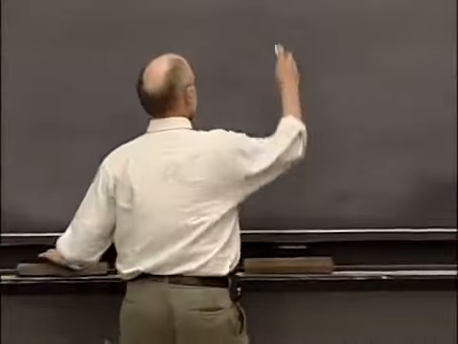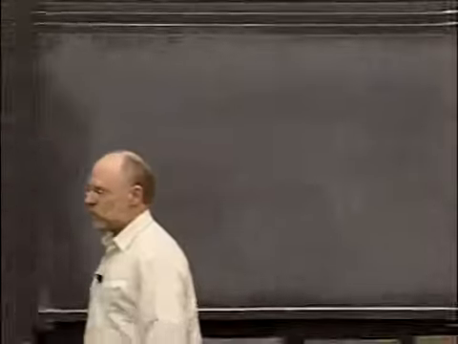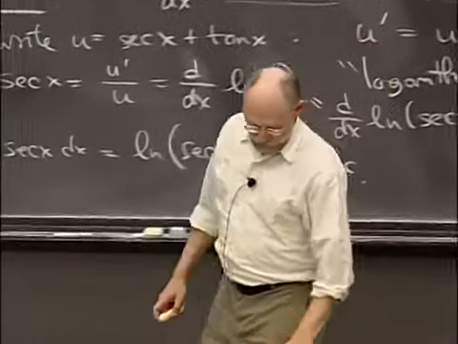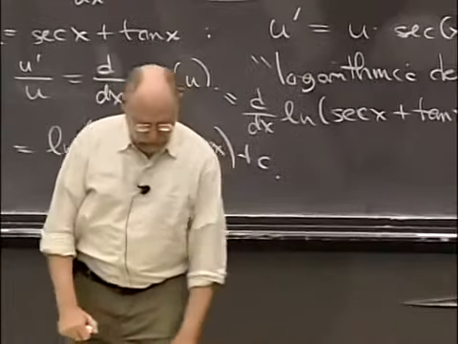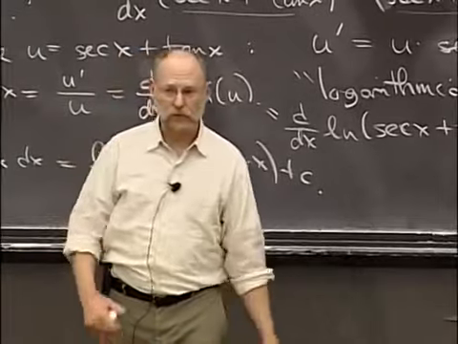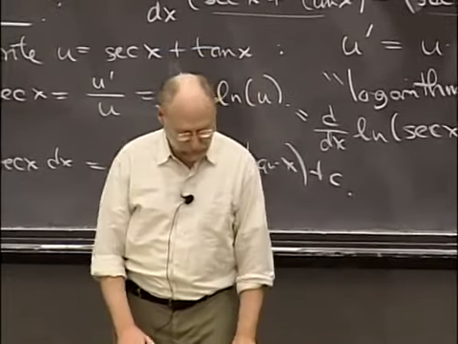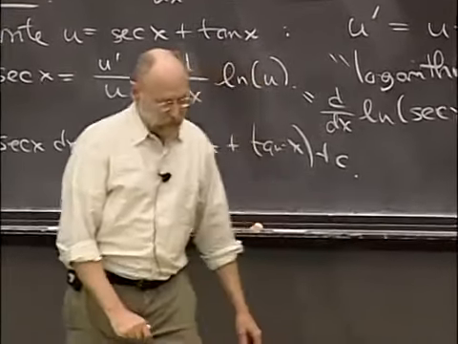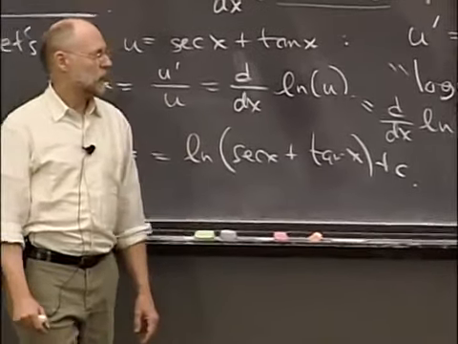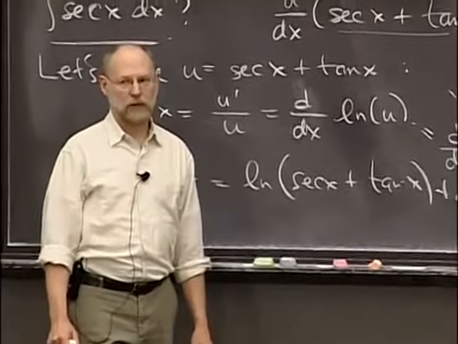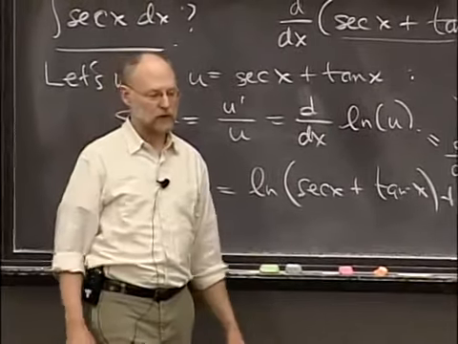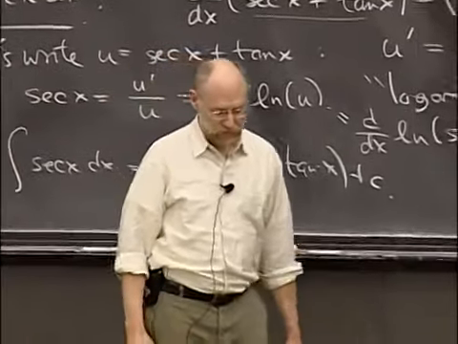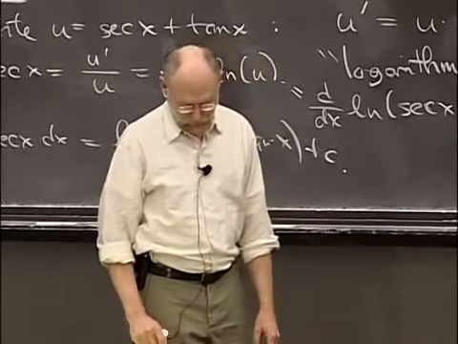Okay, so the next thing. Now I want to make the point that using these rules and some thought, you can now integrate most trigonometric polynomials, most things that involve powers of sines and cosines and tangents and secants and everything else.